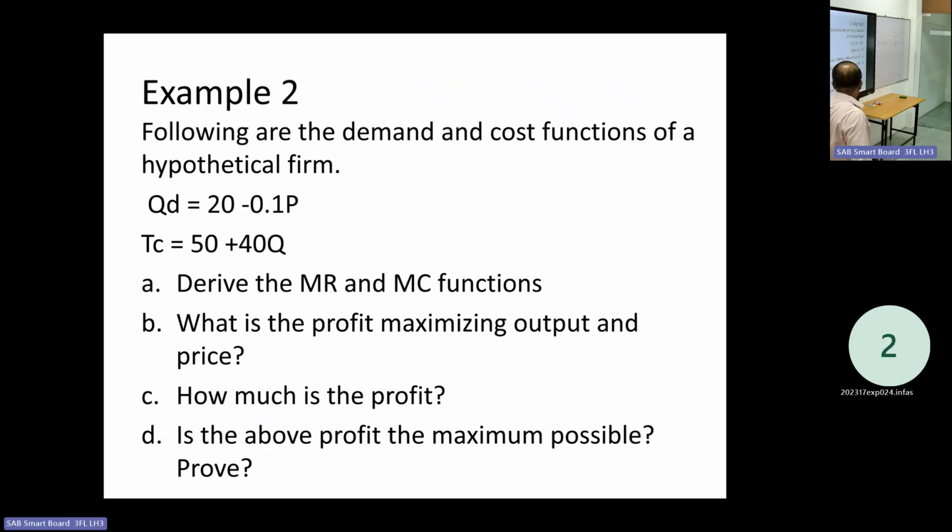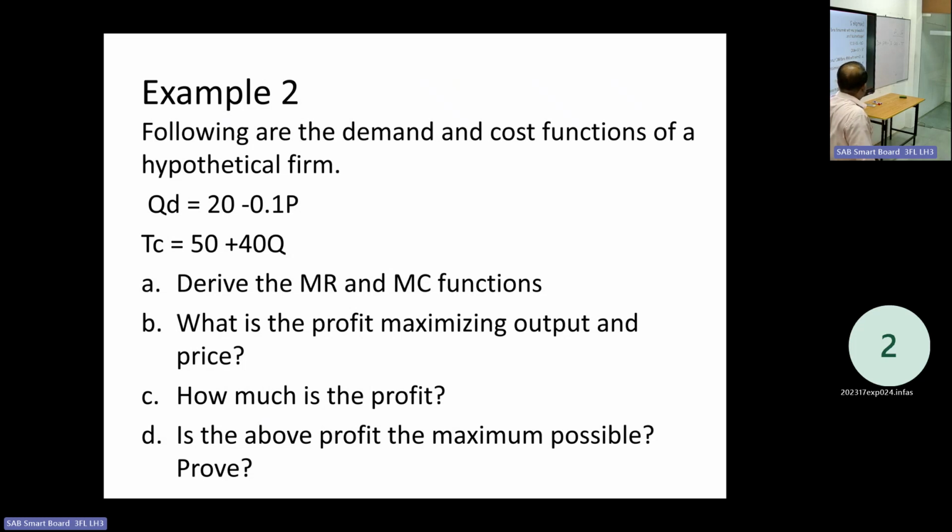We first identify the profit maximizing output by equating the marginal cost and the marginal revenue, right? And the price, we have the price function here, right? We can substitute into the price function and find the price at the profit maximizing level.